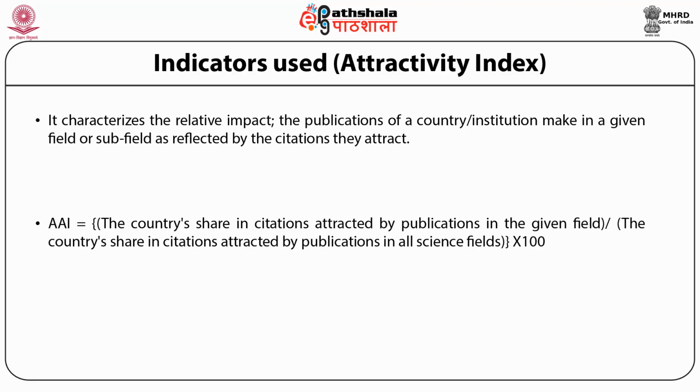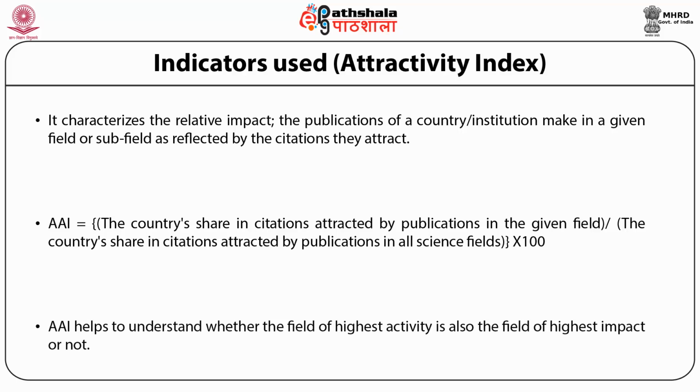AAI is equal to {[the country's share in citations attracted by publications in the given field] / [the country's share in citations attracted by publications in all science fields]} × 100. AAI helps to understand whether the field of higher activity, where the productivity is more, is also the field of highest impact or not.